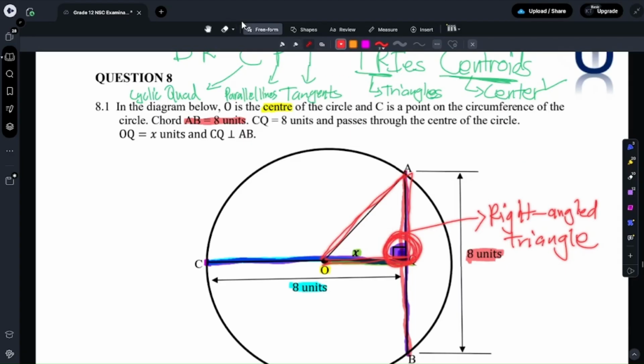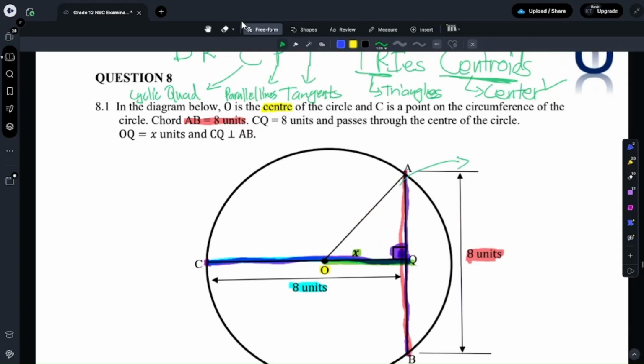So you can note that this triangle, let's name it OAQ, is right angled.